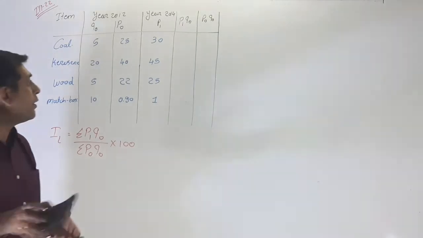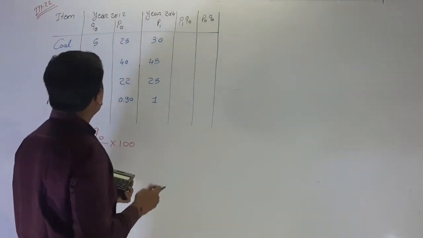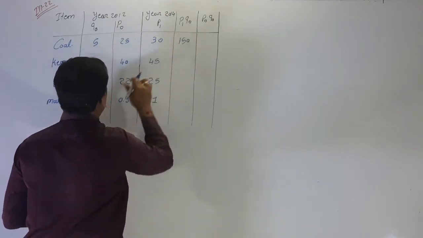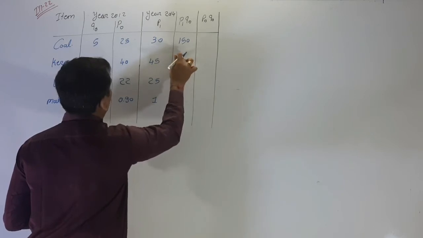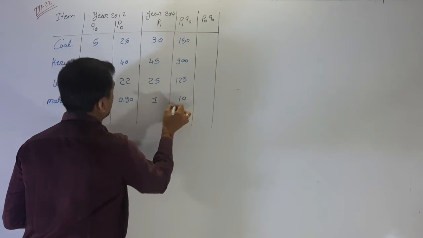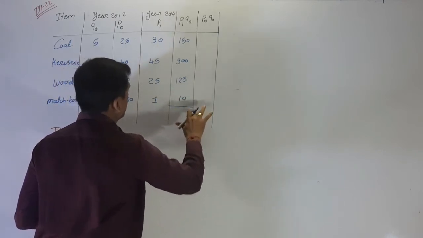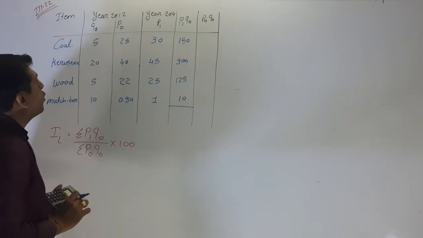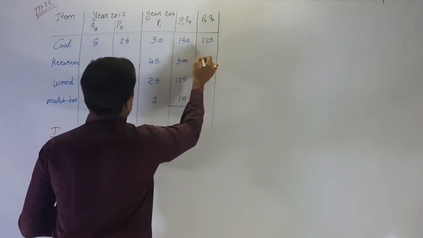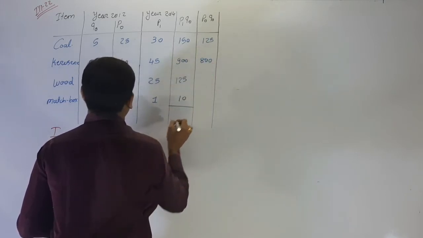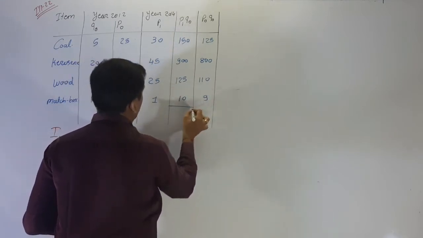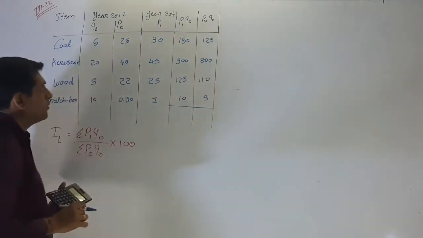Okay, so here I am finding out that P1 Q0: 150, 900, 125 and 10. Then P0 Q0: 125, 800, 110 and 9. Right?